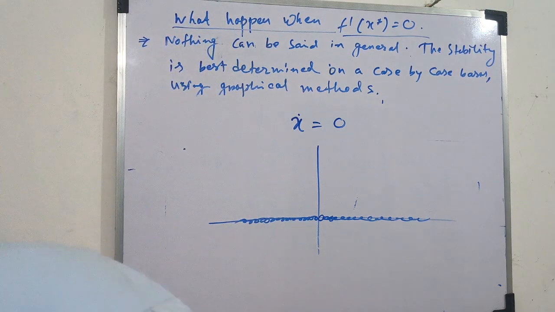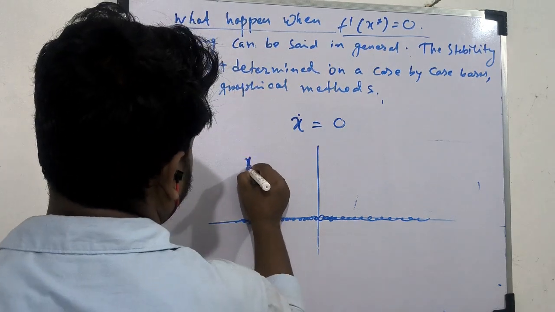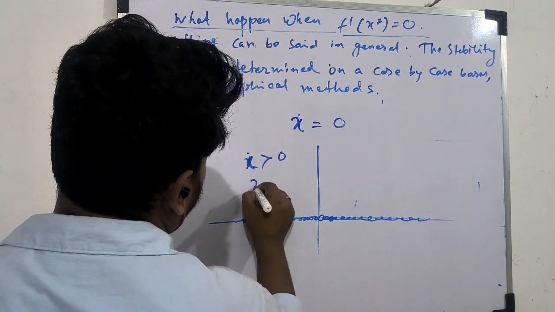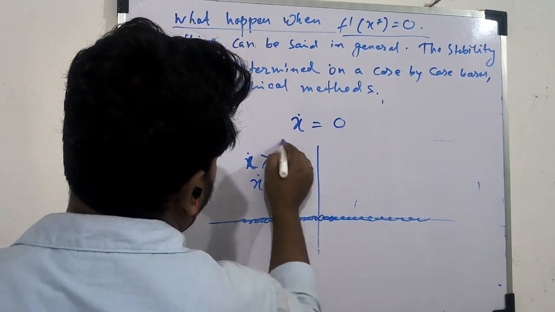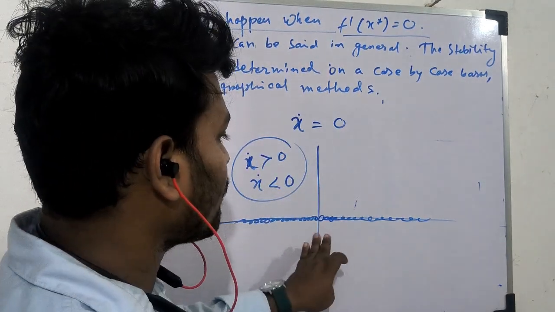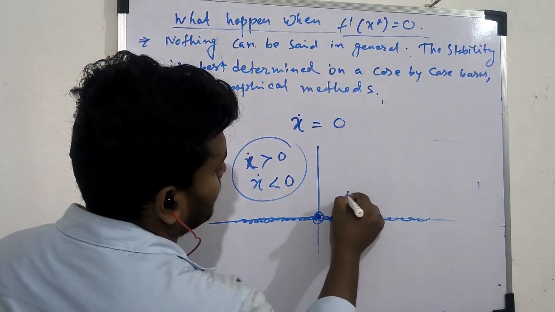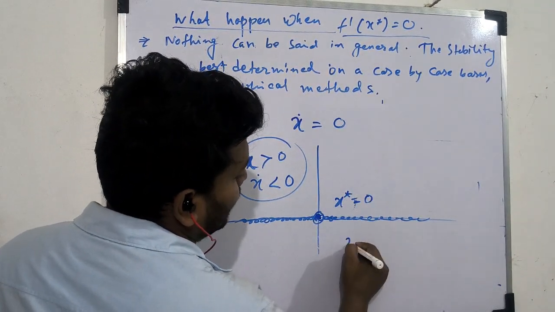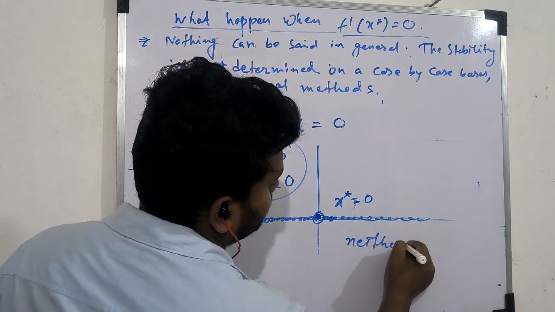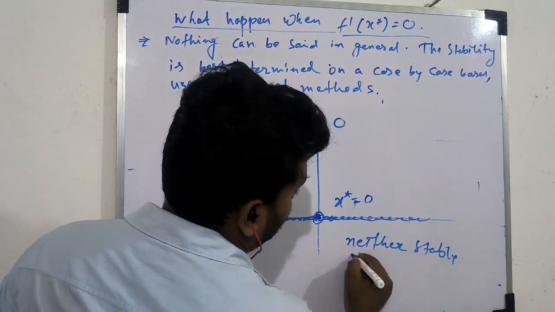In that case x dot is neither greater than 0 nor less than 0, it is exactly 0. So from this we can say this equilibrium point x star equal to 0 is neither stable nor unstable.